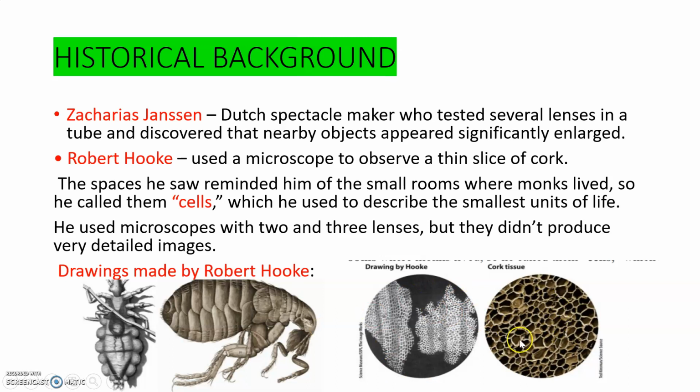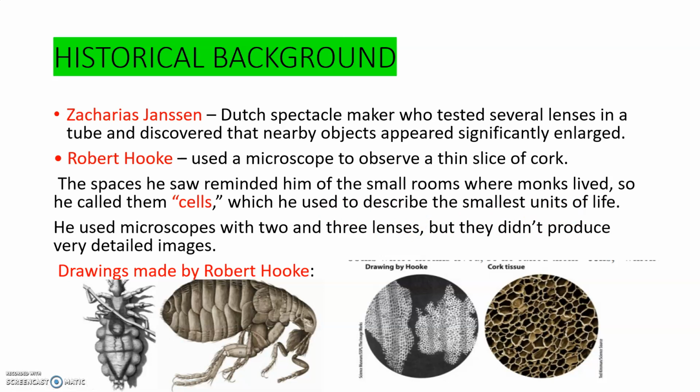This is the cork tissue which he observed, and the spaces he saw reminded him of small rooms where monks live. So he called them cells, which he used to describe the smallest units of life.